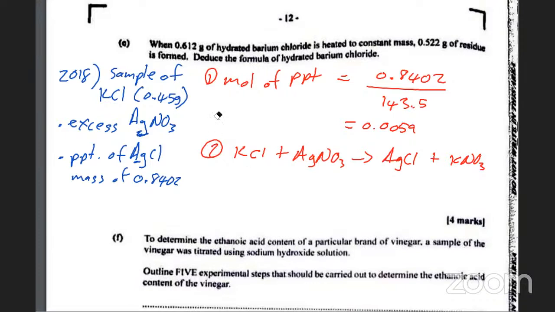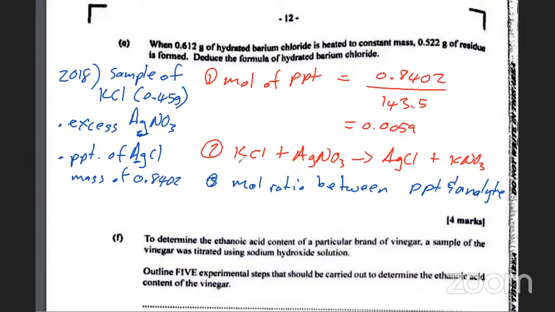So step 3, you want the mole ratio between your precipitate and the analyte. The analyte is whichever compound or ion that you are analyzing.